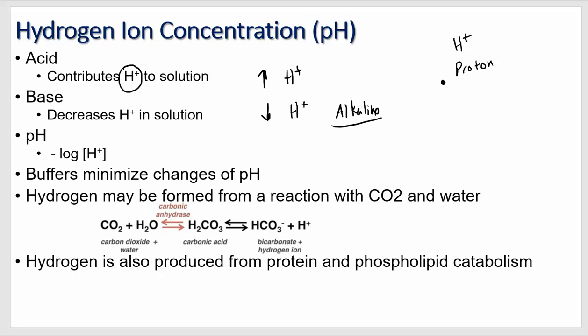So the pH is the negative log of the hydrogen concentration. Those little square brackets mean concentration. Now hydrogen isn't in the body at very, very high concentrations. It's 0.000000 something, usually.